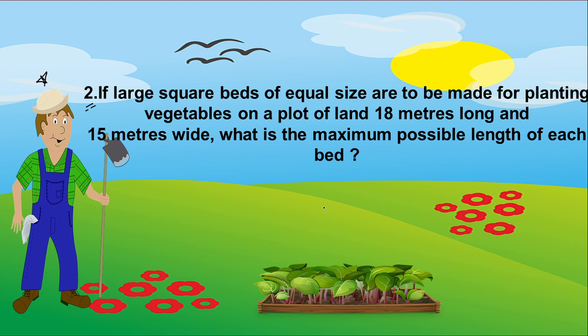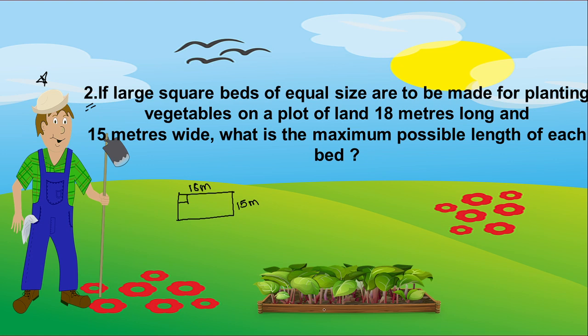What he wants to do, he has a plot which is 18 meters long. If you draw the plot, it is 18 meters long and 15 meters wide. He wants to make small beds in it so that he can plant the vegetables. The beds will be like this.